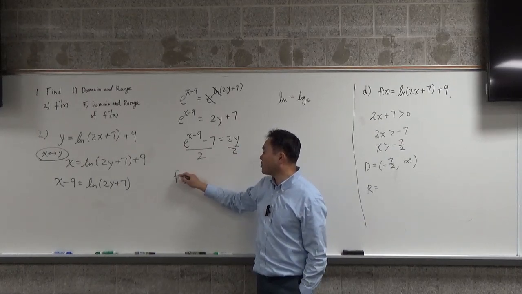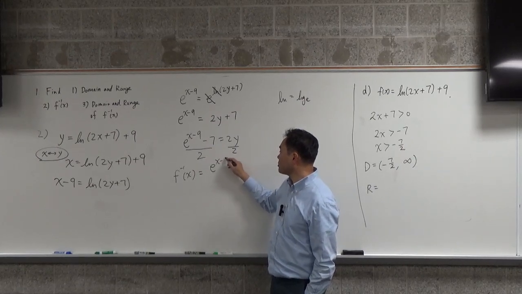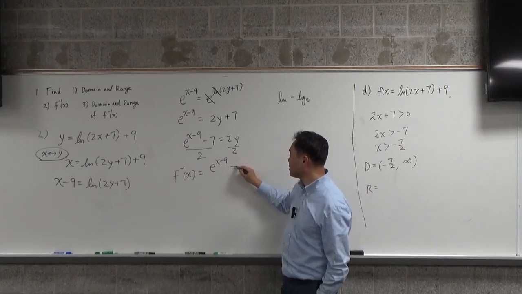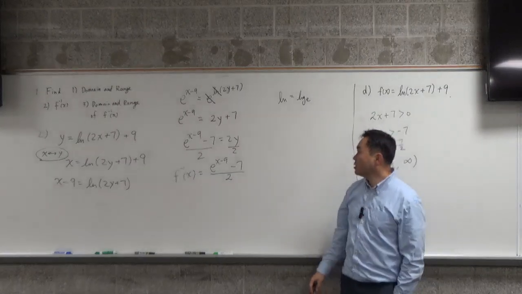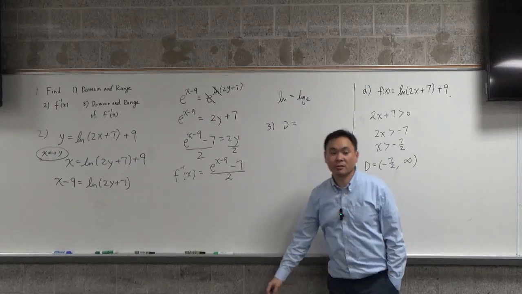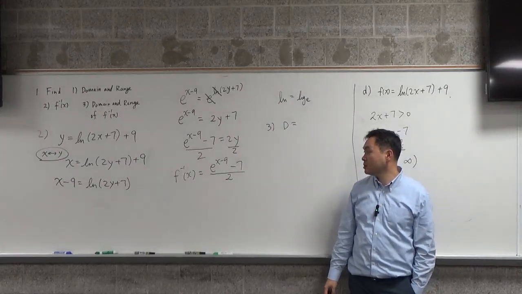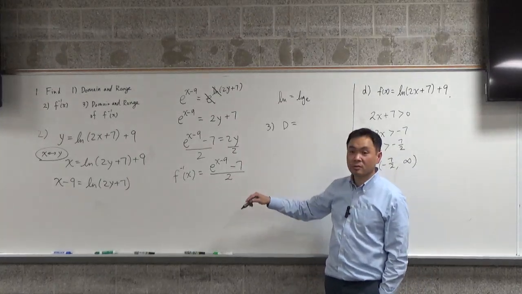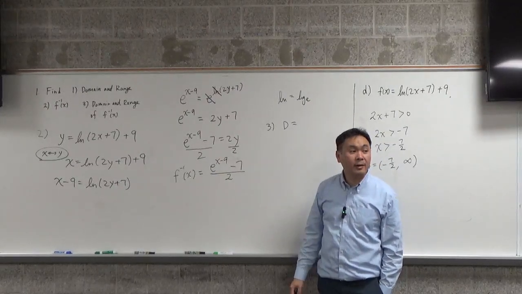And you get f inverse of x equal to e to the x minus 9, minus 7, over 2. Okay. What's the domain of this function?